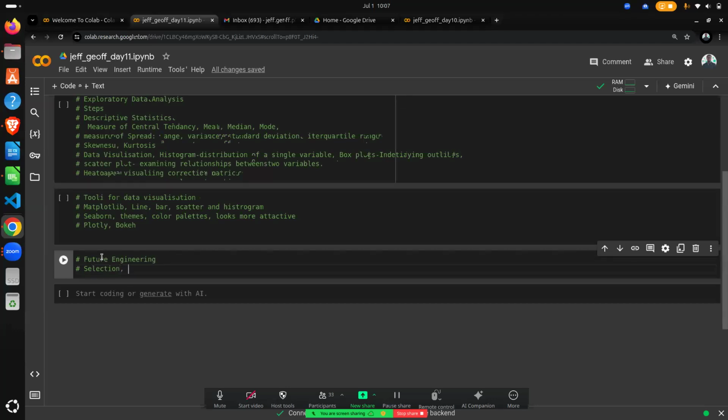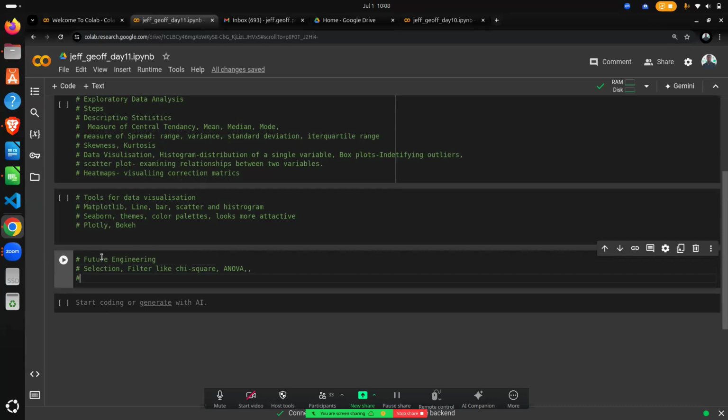Here, if you're going to use filter methods, this is just your maths, chi-square, you just need to remind yourself, then we also have ANOVA. Then you also need to deal with something called wrapper. I'm not going to concentrate here because most of the time you're not going to find us dealing with it. I want to talk about the next one, which is called feature scaling and normalization.